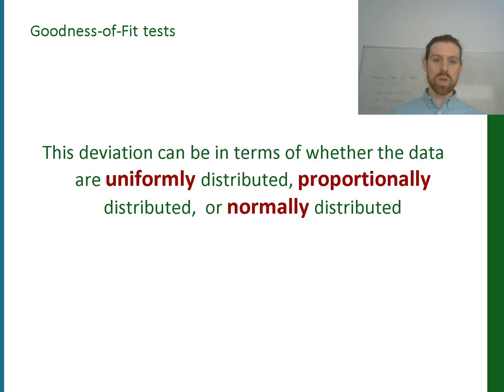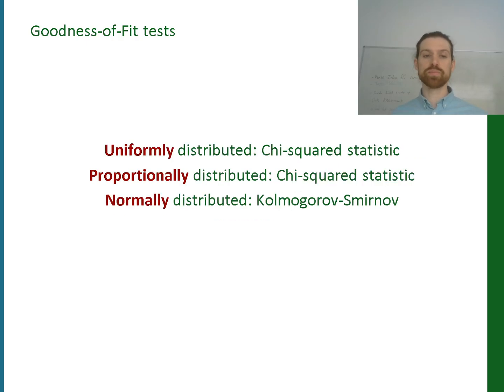Okay. So this deviation can be in a variety of ways. It can either be based on whether the data are uniformly distributed, proportionally distributed, or normally distributed. So there's a variety of different ways you can approach this. You just need to make sure that you get the right statistics.